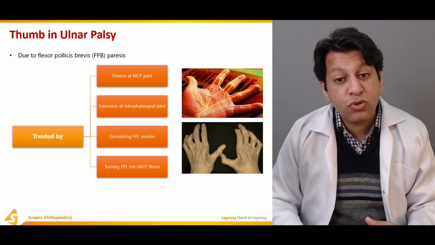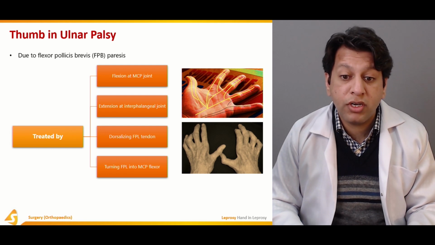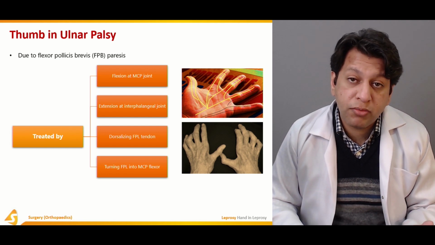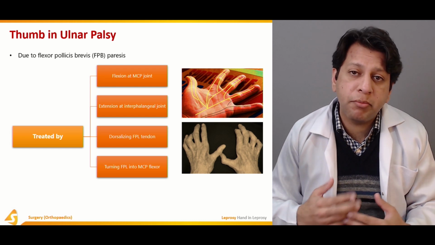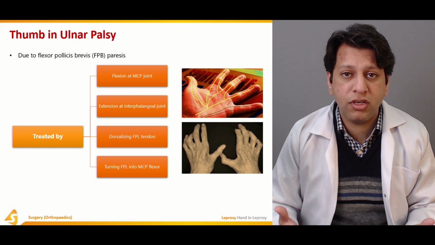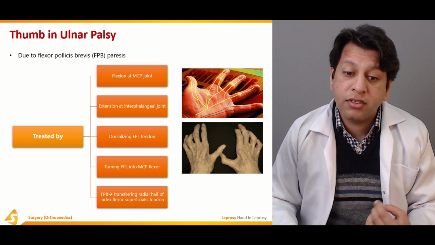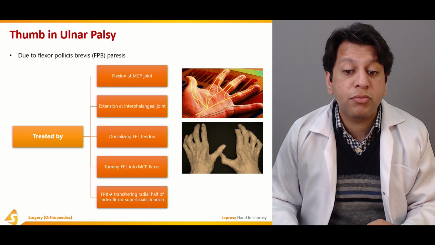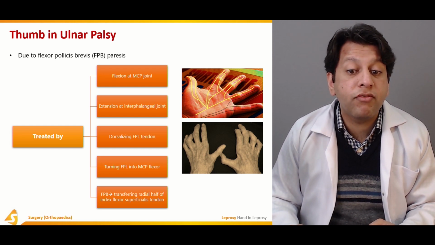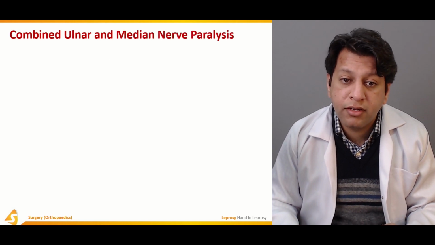The other option could be turning flexor pollicis longus into a metacarpophalangeal joint flexor. This can also be done, but different options are available depending upon the surgeon's preference and the techniques he or she is able to utilize. Different surgeries can be performed. Another option is flexor pollicis brevis, which can be transferred to the radial half of the index finger to act as a superficialis tendon.